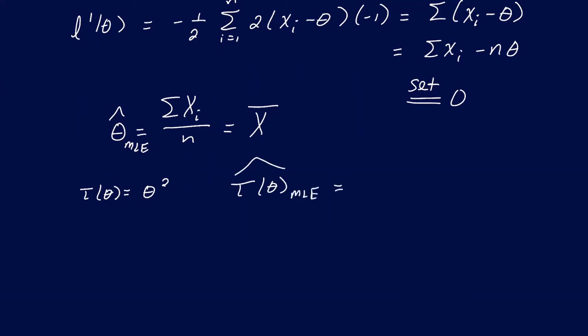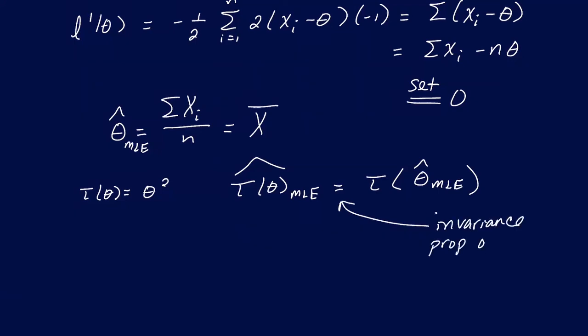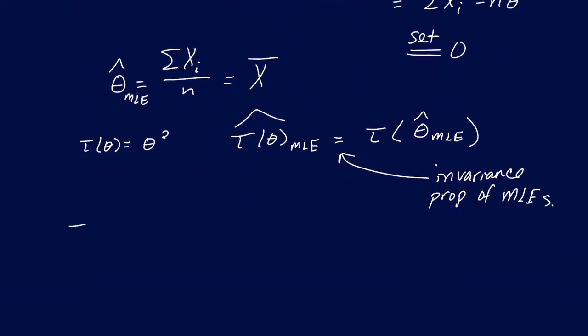And that means that you can take this function and plug your MLE in. That is the invariance property of MLEs. So the MLE estimator of the theta squared is going to be x bar squared.